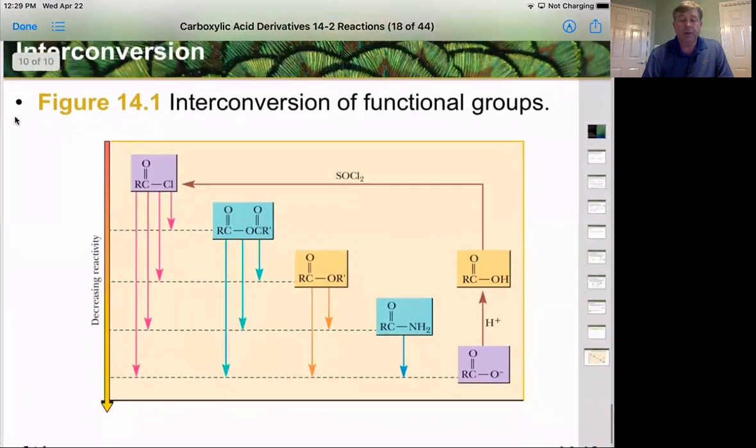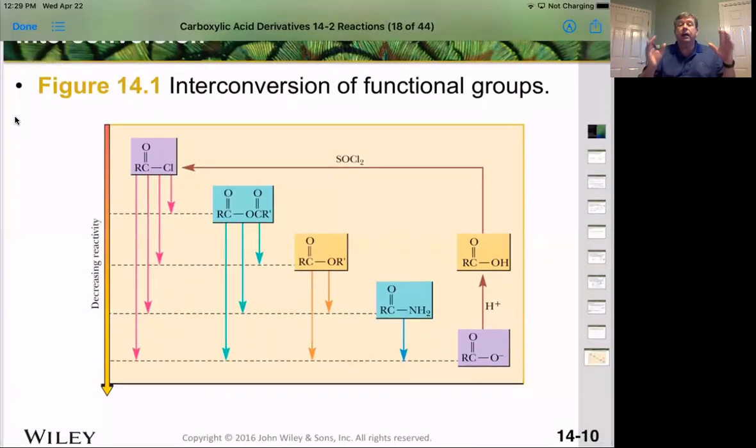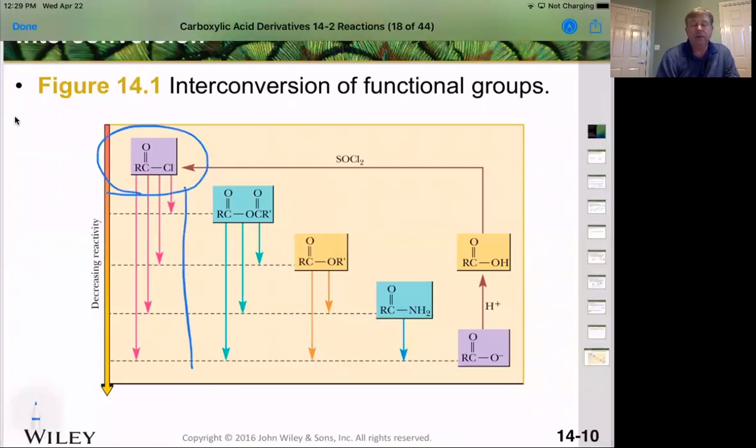Okay, so that brings us to our interconversion functional group table here. What this is telling us is that we can take any more reactive species and convert it into any of the other species. For example, the acid chloride can create an anhydride, an ester, an amide, or it can be hydrolyzed down with base to create this acetate ion.